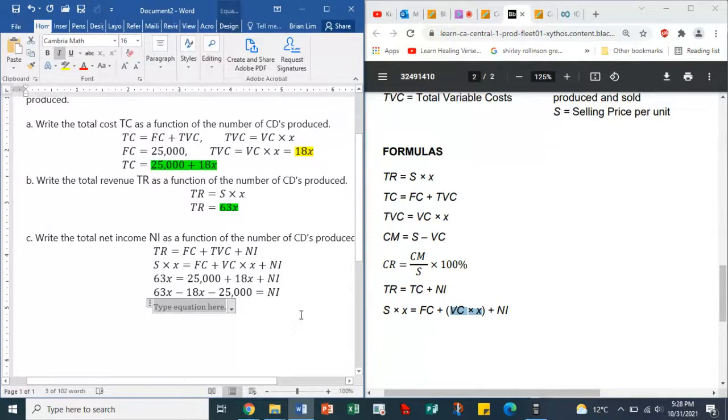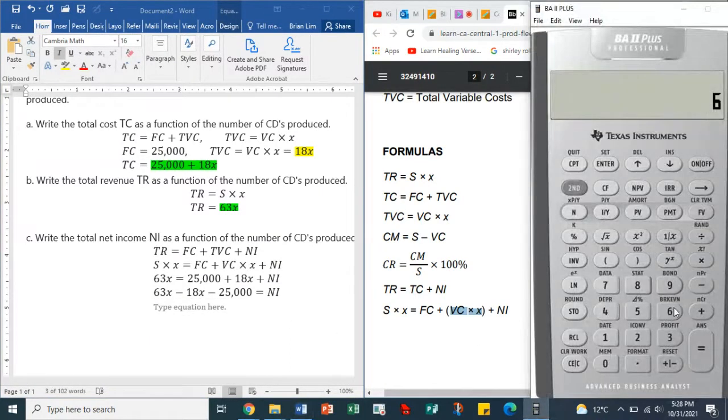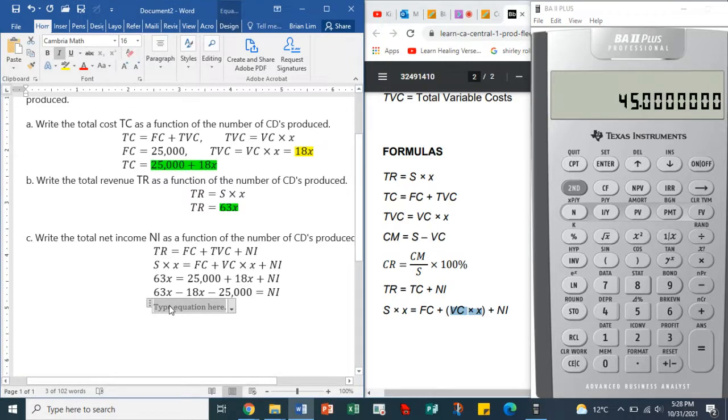So 63 minus 18 would give us, we could use a calculator if we so wish, 63 minus 18, and that would give us 45. So we'll put in here 45x minus 25,000 is equal to the net income.